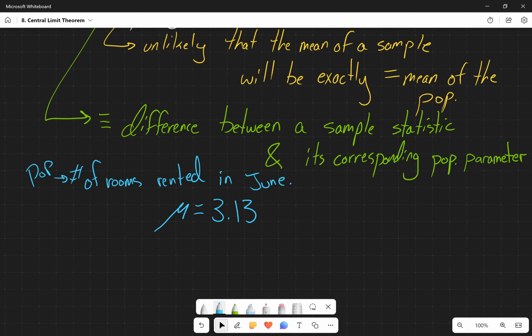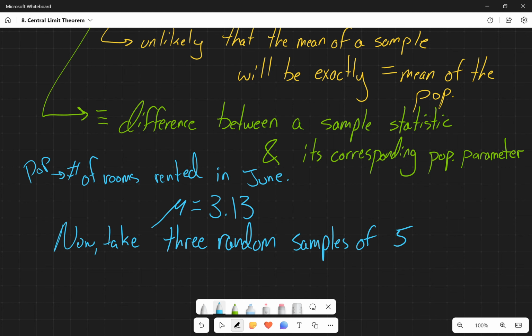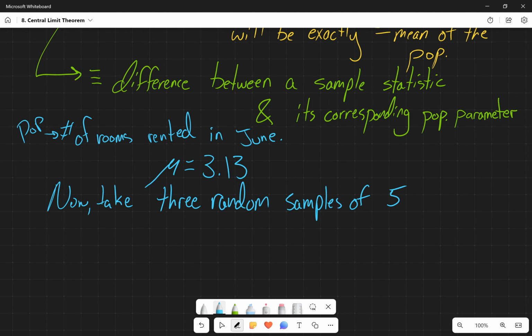Then we are told to take 3 random samples of 5. And taking 3 random samples of 5, we end up finding 3 sample means.